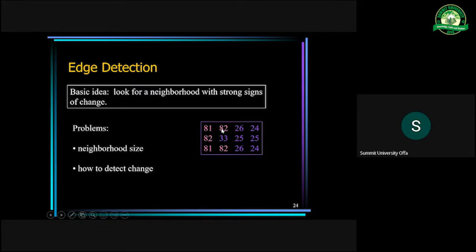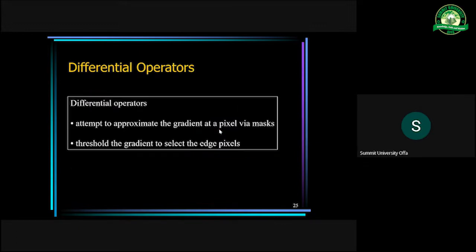You can see that between 81 and 82, the difference is not too much. So we cannot call that one discontinuity. But look at it from 82 to 33. That is what you call an abrupt change. That's what you call discontinuity in the neighborhood or in the intensity value. That's what edge detection is all about.